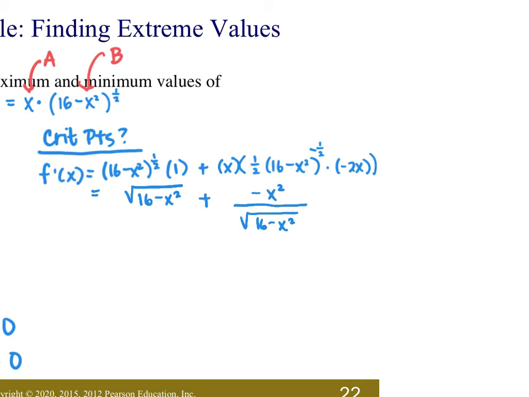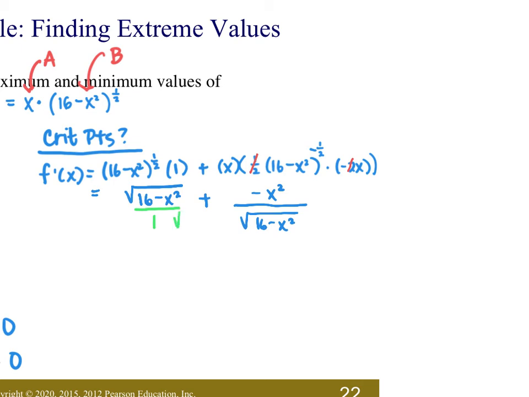Okay, that's realizing that we can take this half and that 2, but we still have a negative and we still have a couple x squareds. Now before I set this equal to 0, it needs a common denominator because this part is over 1, and I need to make the common denominator match.